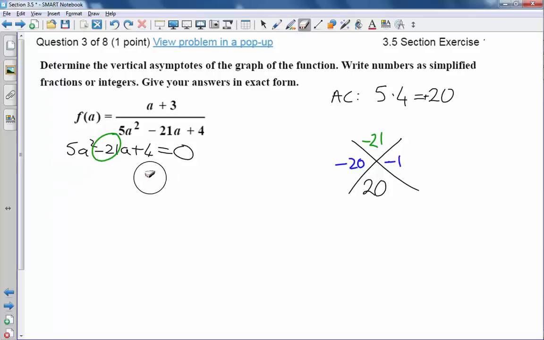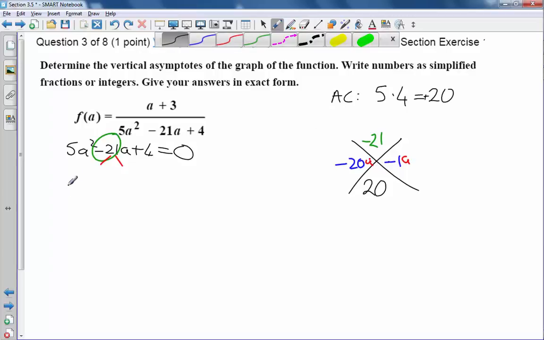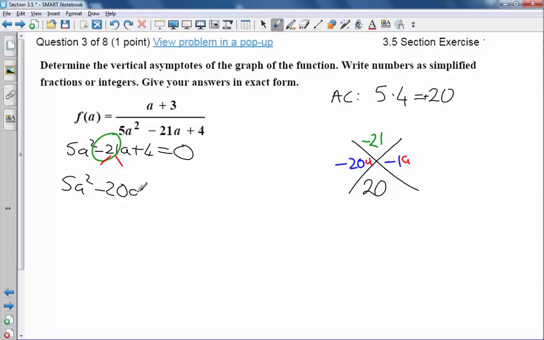So we haven't broken this yet. We just split this middle one into minus 20a and minus 1a. So we have 5a squared minus 20a minus 1a plus 4.